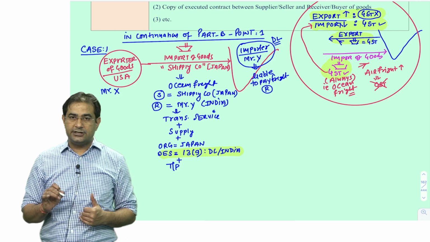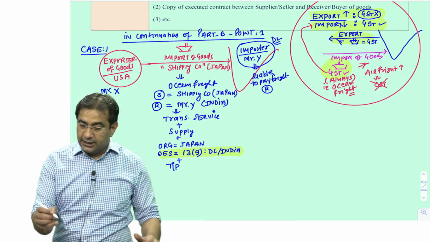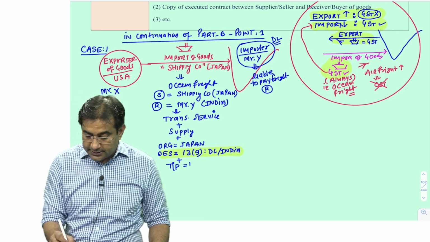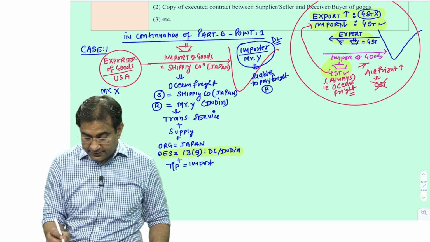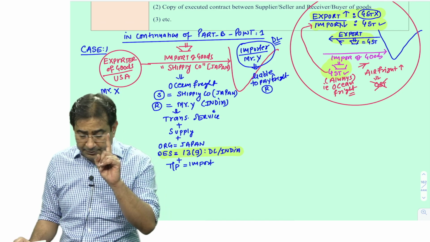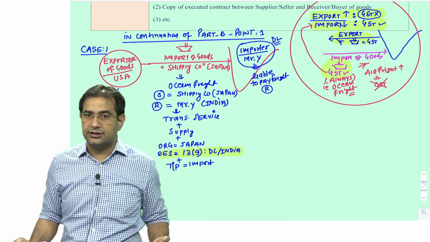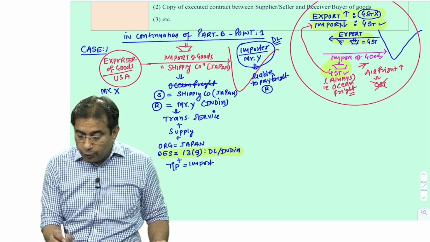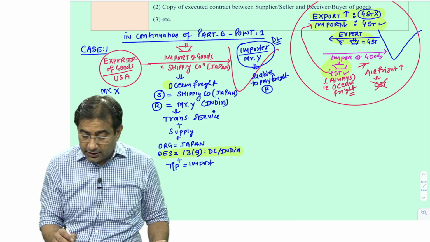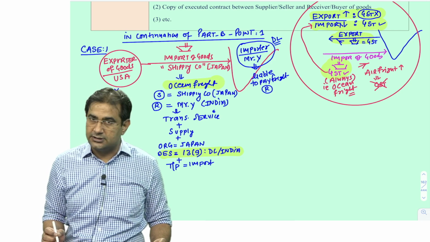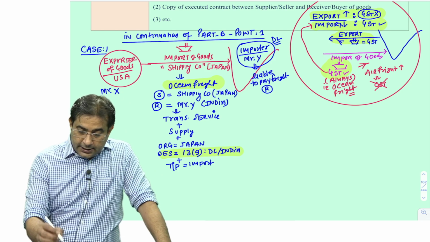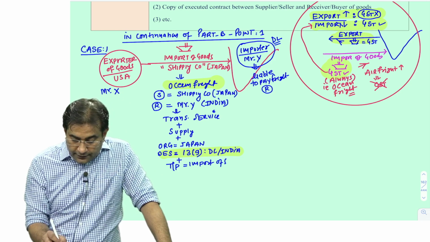All three conditions are satisfied, hence it can definitely be called import of service. I'm repeating again and again: I'm linking transportation services, I'm linking ocean freight, not import of goods.